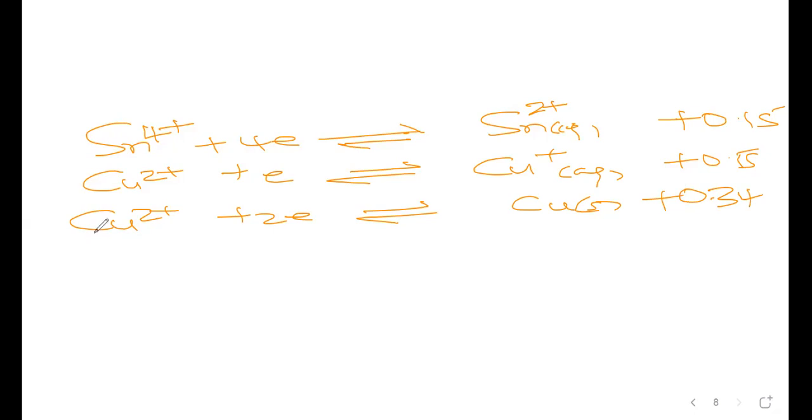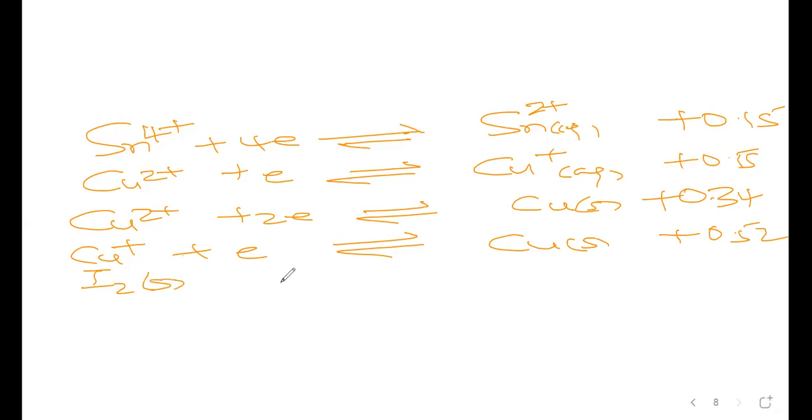We also have the copper 1 ion forming copper metal. That is positive 0.52. We have iodine, solid, giving us iodide ions.